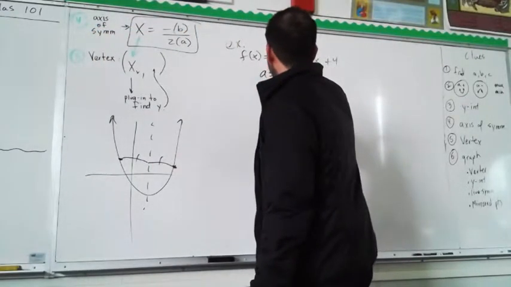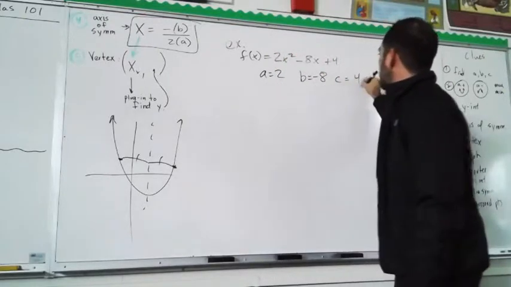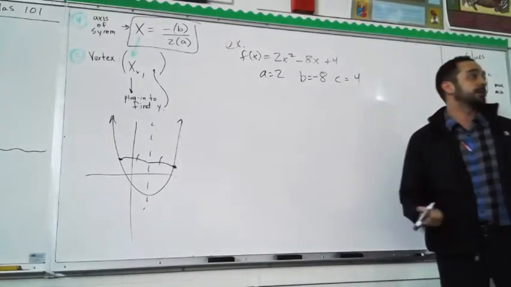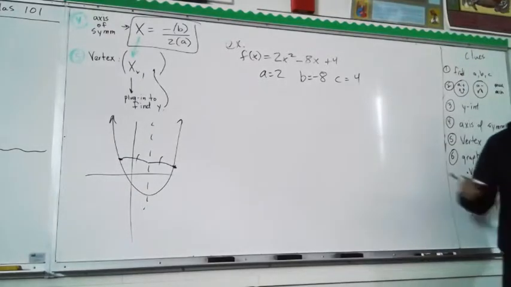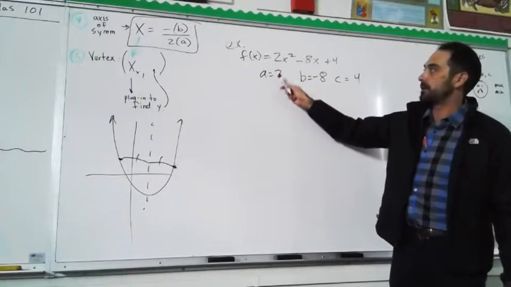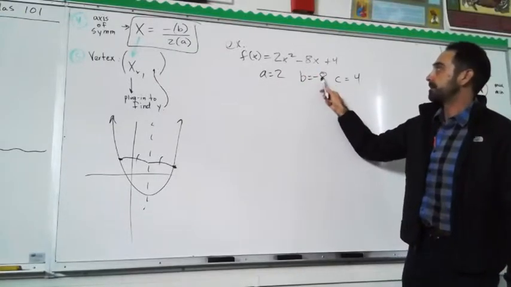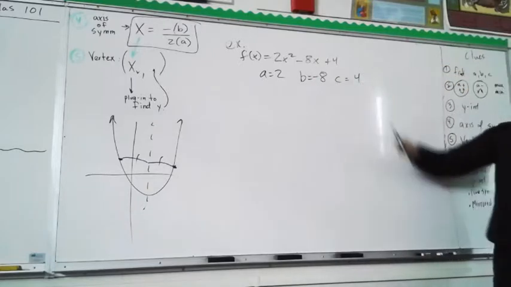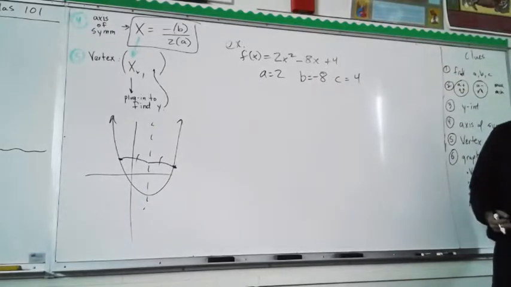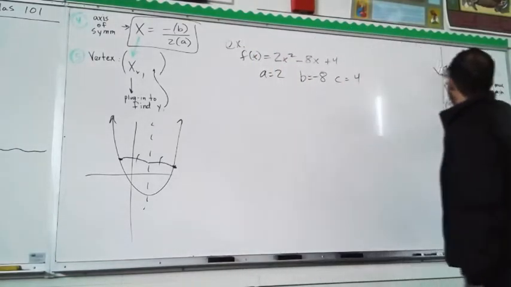What's my B? 8. What's my C? 4. 3 points, easy. Right? Where did I find those values? It's not 2x, it's the coefficient, the number in front. 2 is my A, -8, we take that whole sign, is my B, not the x, just that number. C is 4, okay?